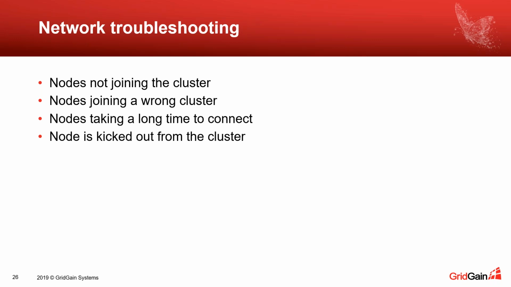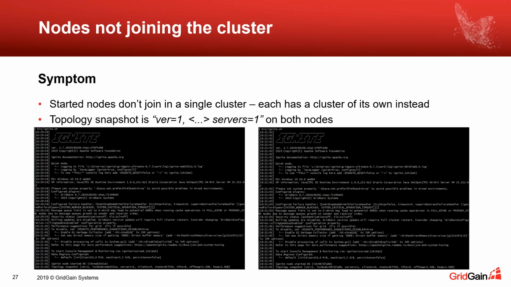You might also see other issues with nodes holding together in the cluster and nodes being kicked out of it. So the first kind of issue: nodes not joining together. And how does it look?